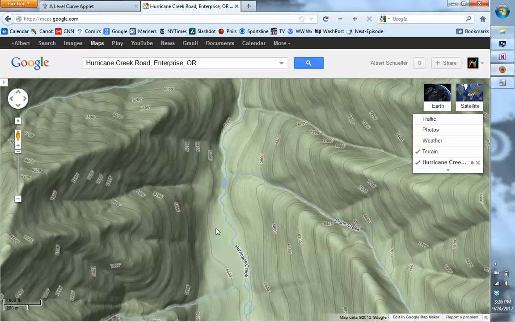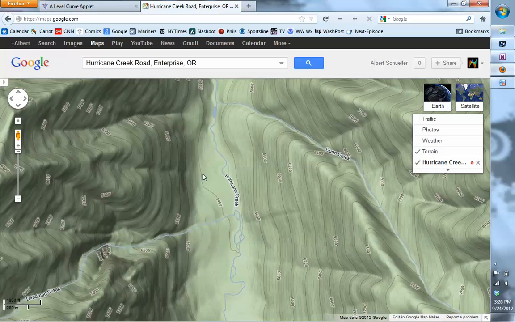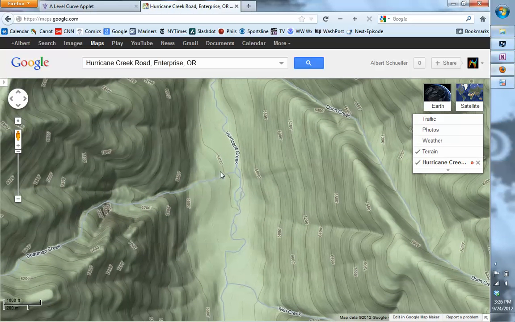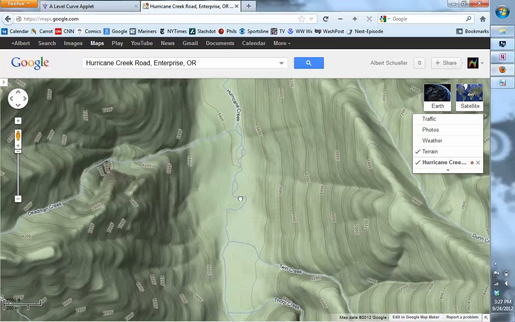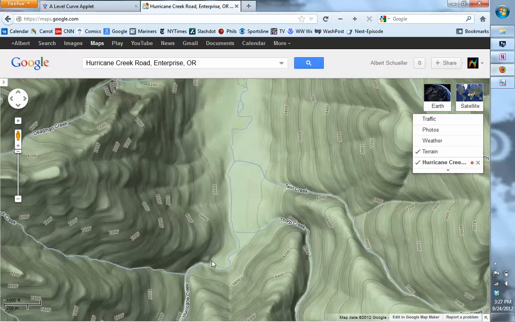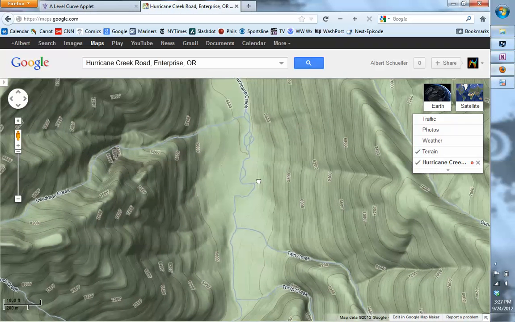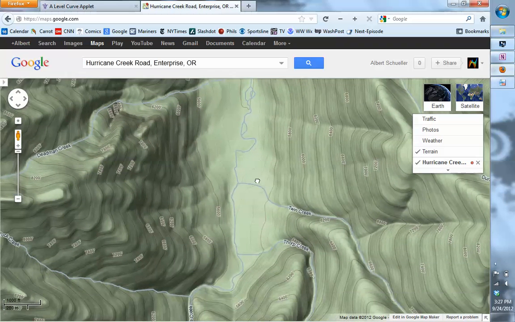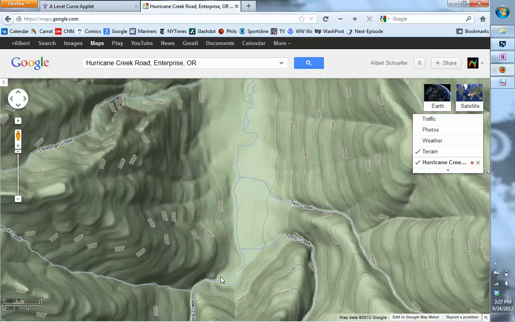You don't see the river crossing these lines very often, and that's what rivers tend to do. Here's a crossing right here, 5,400 feet. Let's keep going. There's a river crossing at 5,600 feet. So that whole stretch from here up to here, I only had to climb 200 feet.